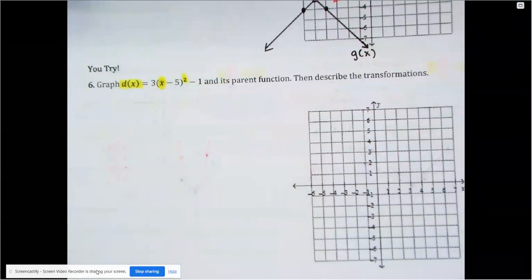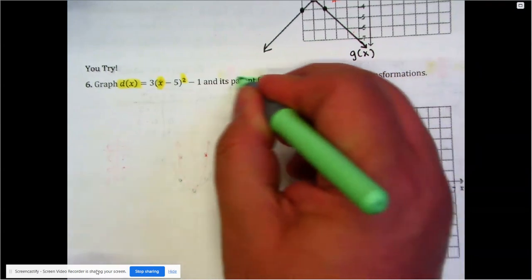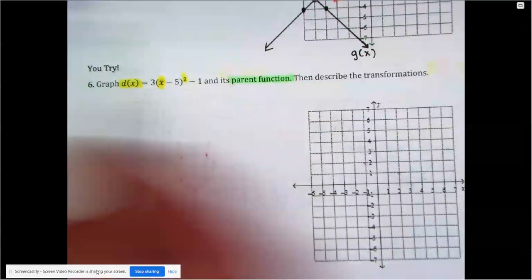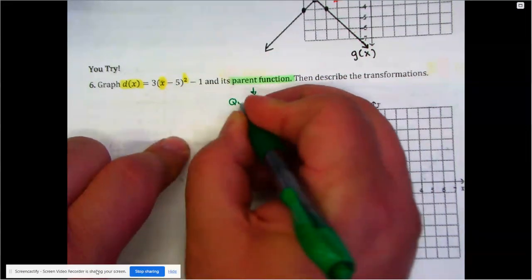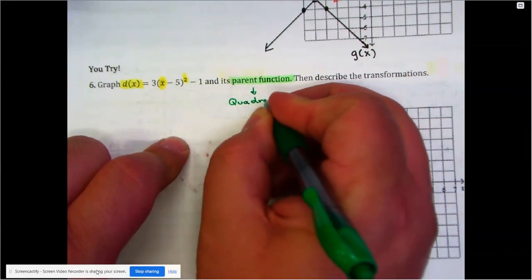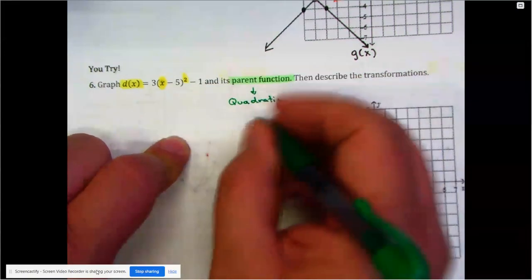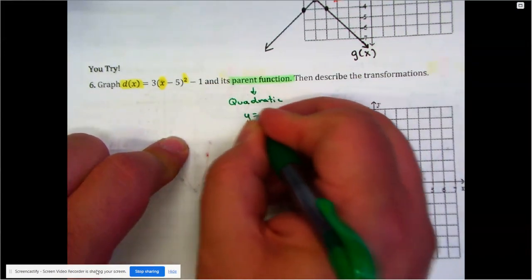Now, powers I can highlight. That's part of the function. So that just means one thing. My parent function has to do with that power of 2. It's a quadratic. So we're dealing with a quadratic function, and y is equal to x squared.